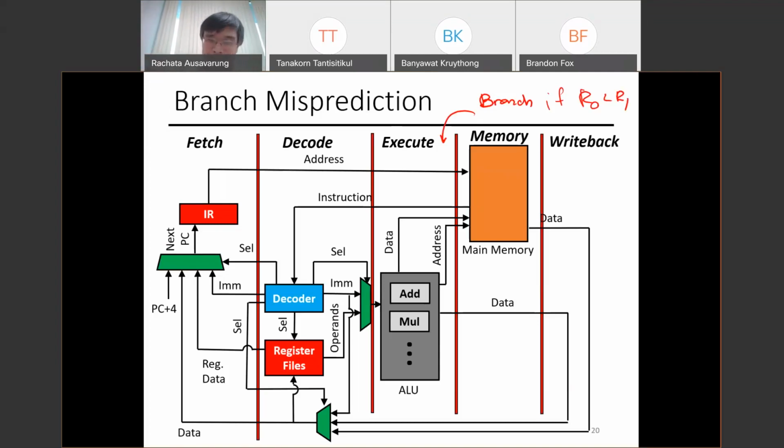For the next instruction, let's say this is instruction N, how can you tell what would be instruction N plus 1? Because I'm going to update my PC from either this or this or this or this. I don't even know what the source of my next PC is.